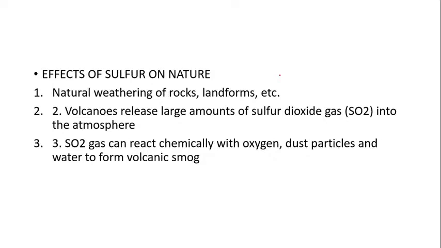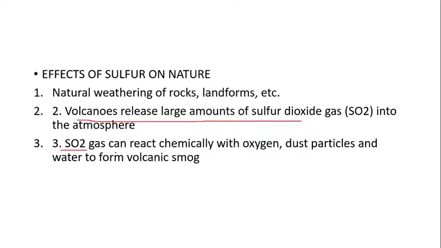That I will tell you. The burning of fossil fuels: you can see here, I said the volcanoes release a large amount of sulfur dioxide, and sulfur dioxide will also reach the atmosphere by the combustion of fossil fuels. When fossil fuels such as petrol, diesel, or firewood are burned, sulfur dioxide will reach the atmosphere. It will combine with water.